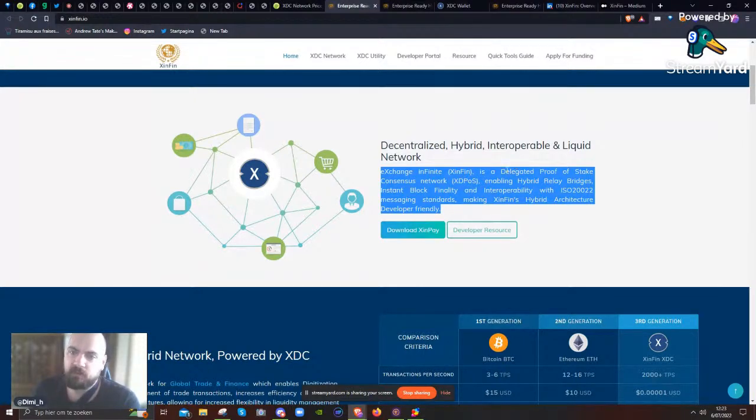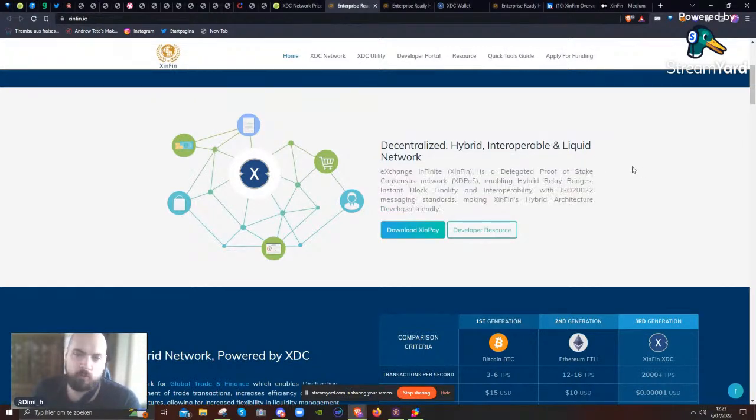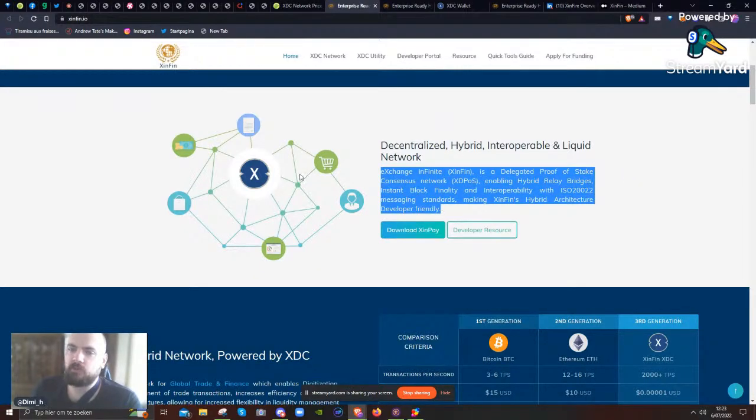Guys, delegated proof of stake is also such a term. I know what is meant here, but the general investor who wants to make money and help support a project is not going to be convinced with such wording. Many of them will have to look up what the hell delegated proof of stake is, and what XDPoS is, which stands for XinFin Delegated Proof of Stake.